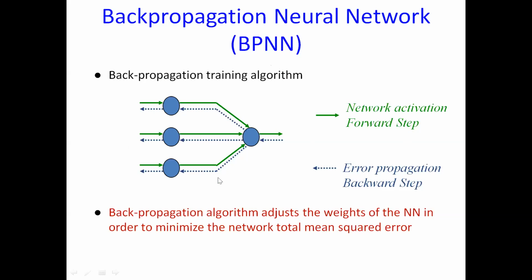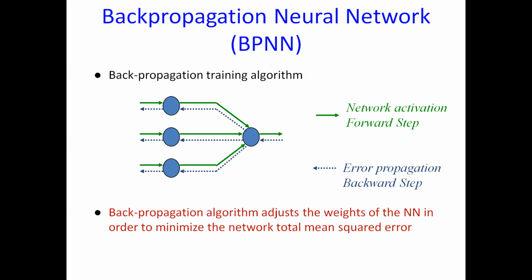So in that particular backward step, what happens is that the error is being propagated. That is why the backpropagation algorithm adjusts the weights of the neural network so that it can minimize the total mean squared error.